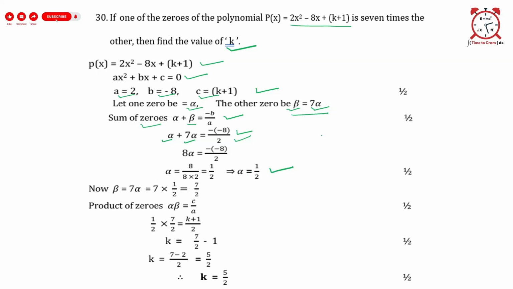Now we keep this value in this formula, then we will get the value of beta as 7 by 2. Now let us take the formula for the product of zeros, alpha into beta equal to c by a. Here we have both the values alpha and beta that we will keep here, and c is k plus 1 and a is 2. So it will give us the value of k as 5 by 2. This is our required answer.